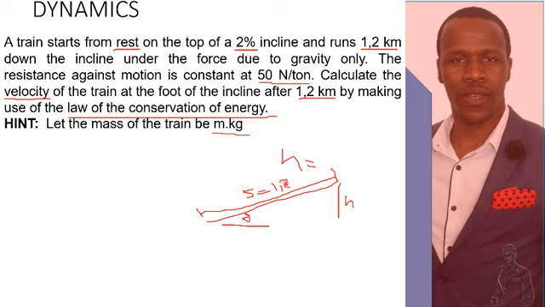Then if you want h, remember we have h over this, so you multiply this to your sine theta. This is your sine theta, this is your s, you multiply them, then you are getting your h.